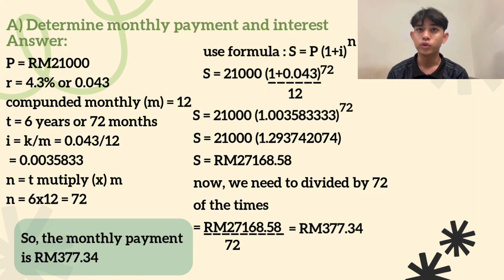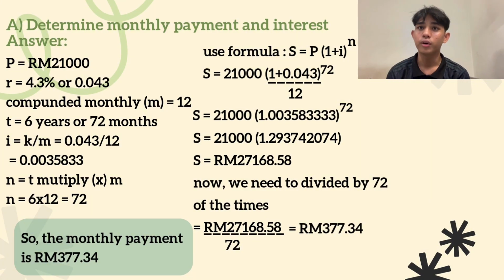First we need to calculate the bracket: 1 plus 0.043 over 12, and we get 1.003583333.